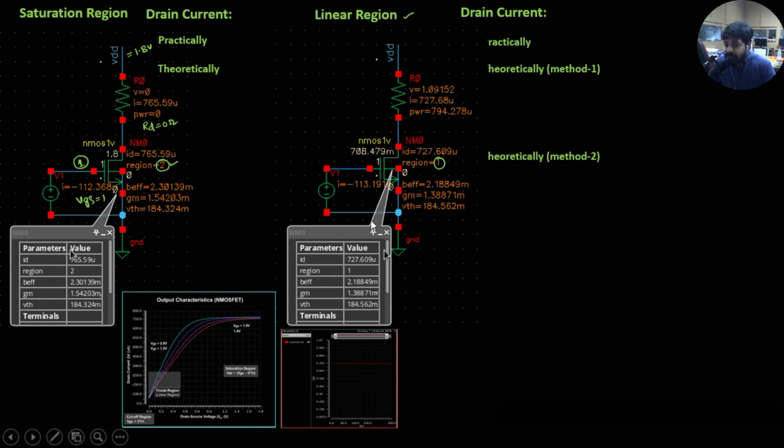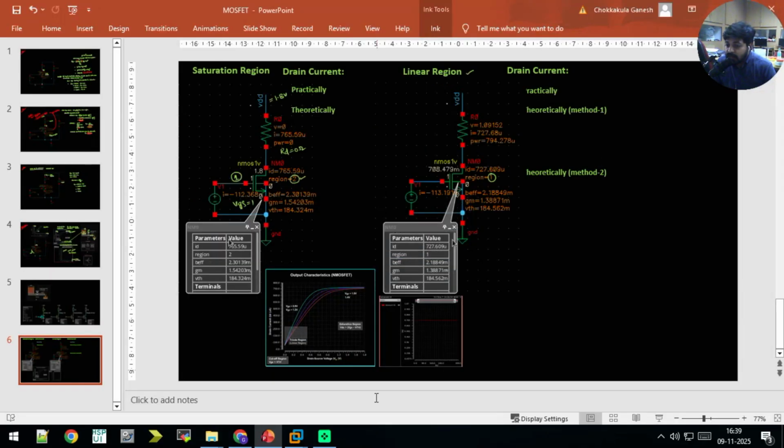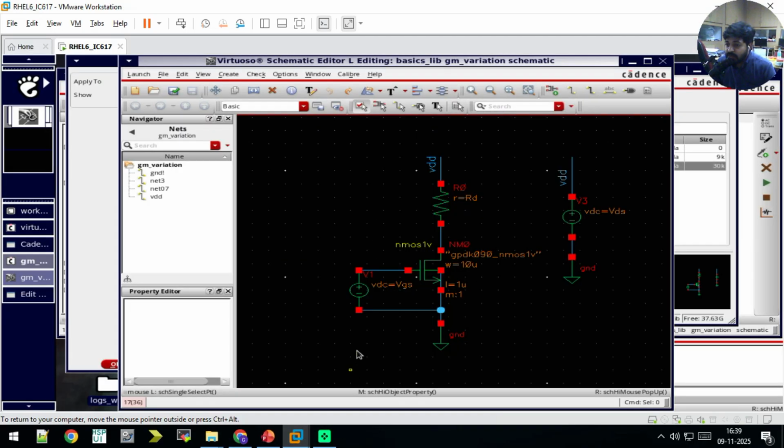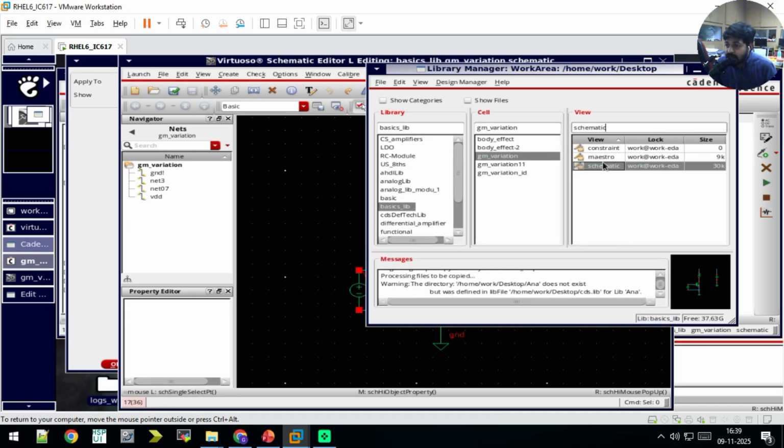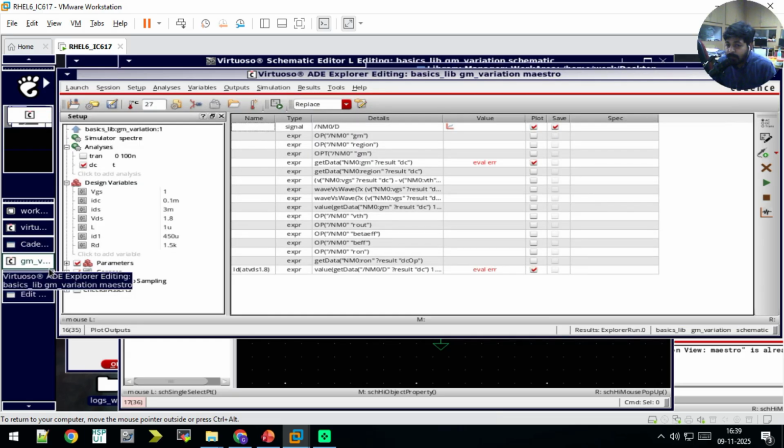Before that, let me show you how the notations are shown on the schematic in the Cadence Virtuoso. So here this is the Cadence Virtuoso. Let me go with the ADE L or Assembler also.